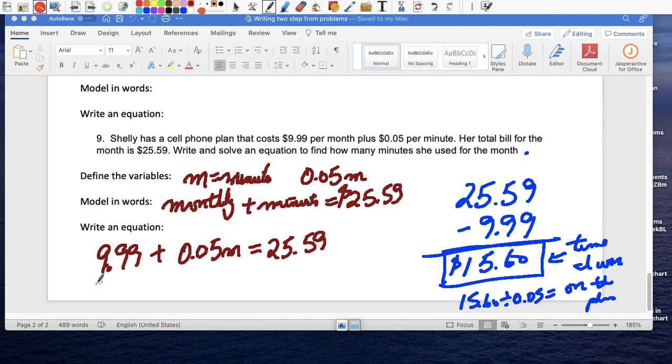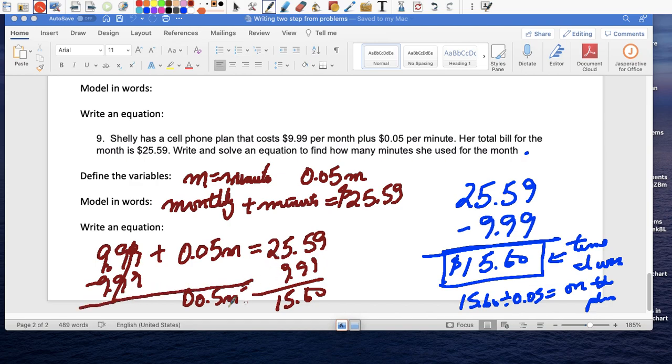Well, let's subtract $9.99 from each side. That's going to give me 15.60. That goes away, and we're going to get 0.05M.